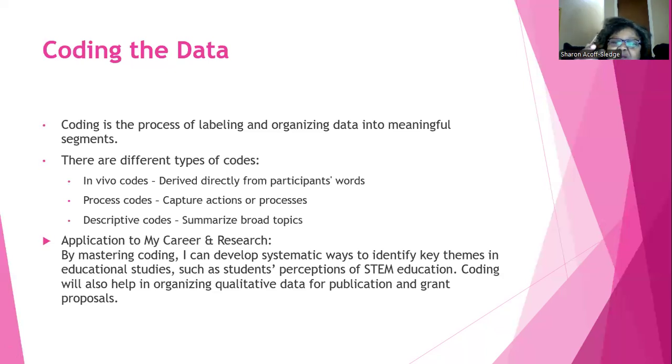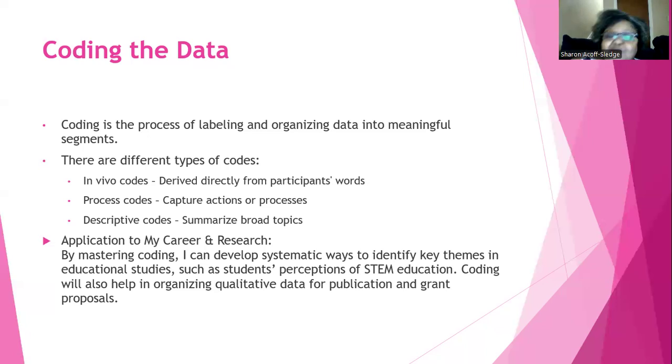In vivo codes are directly derived from participants' words, and I would figure you would use this one if you had a pretty much homogeneous group of subjects, so you would probably get some of the same types of responses so that you could probably code that way. Process codes capture actions or processes, and descriptive codes summarize broad topics.